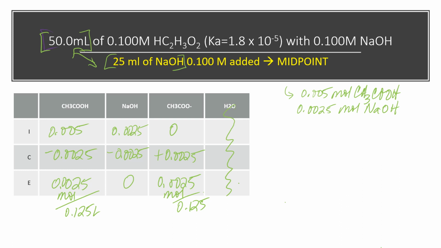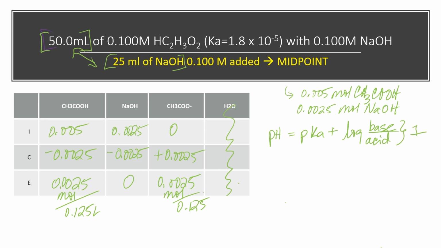So pH equals pKa plus the log of base over acid. Doesn't really matter here if we take 0.0025 over 0.075 or just 0.0025. This is going to cancel out to be 1.